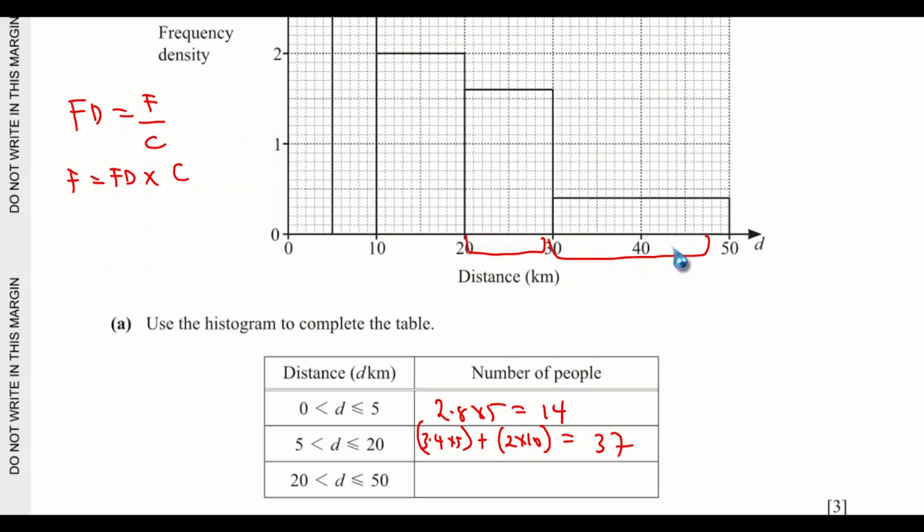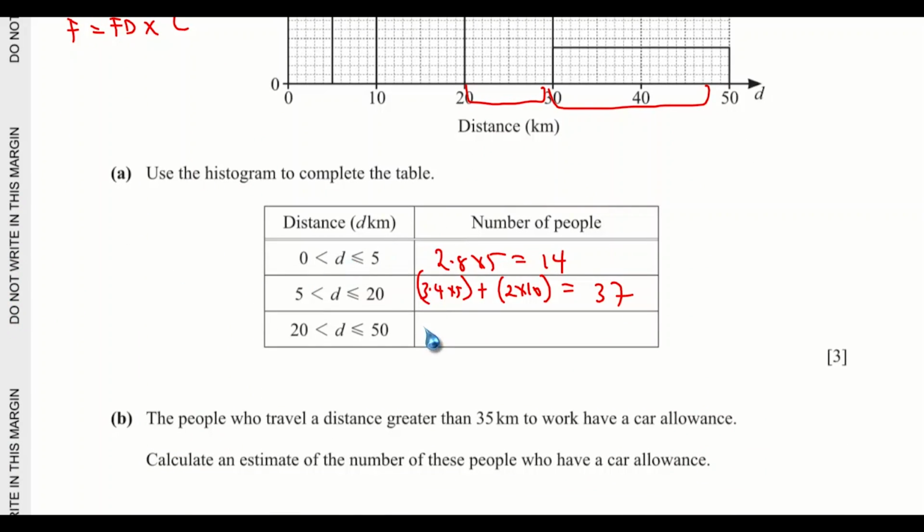Then from 30 to 50, the frequency density is 0.4 multiplied by the class size, that is 20. So I'm going to write 1.6 multiplied by 10, add 0.4 multiplied by 20. This will give us 16, this will give us 8, and everything will be 24.